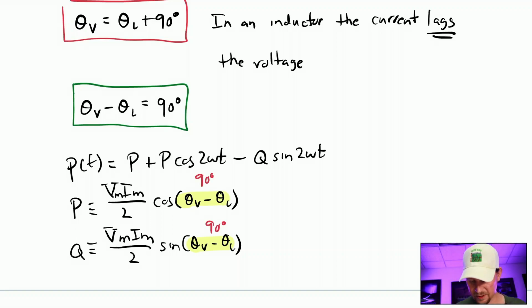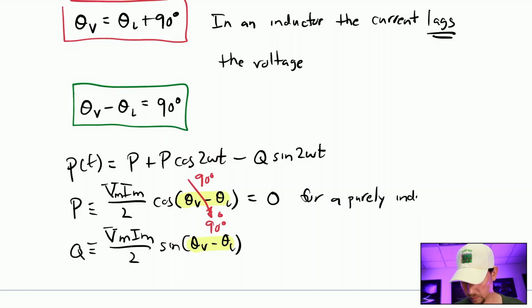And the cosine of 90 degrees very beautifully is 0. So this is 0 for a purely inductive circuit, while the sine of this very happily is 1.